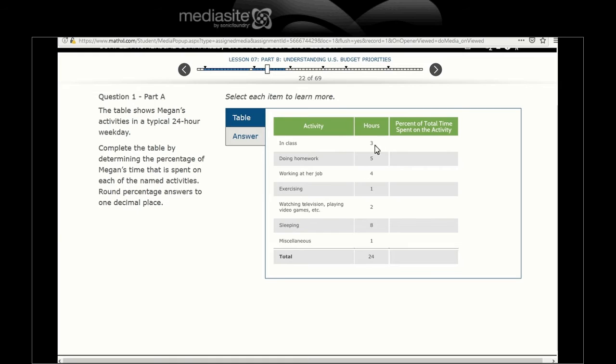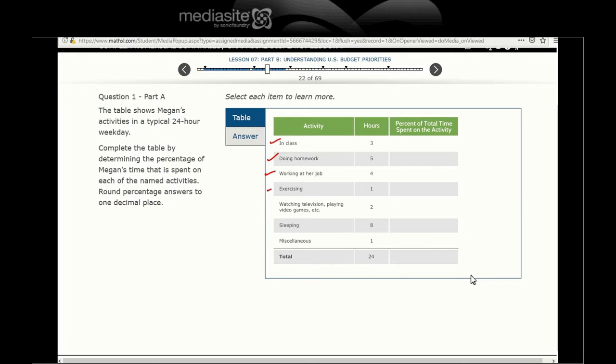Okay, here we go. Here's a table of all the activities that Megan did in a typical workday over 24 hours. Looks like she was in class for 3 hours a day. She spends 5 hours of her day doing homework, which is actually kind of low because typically for every hour in class, it should be 2 to 3 hours of homework.